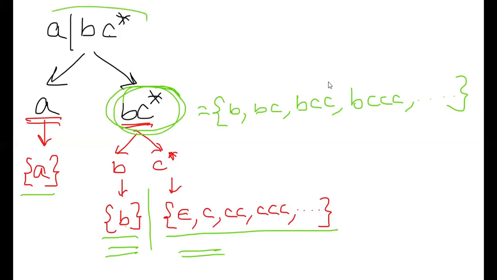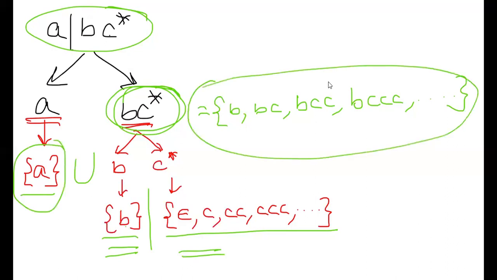Now for the topmost level one, A or BC star. The choice, if you remember, is nothing but the union. The union of the set for A and the set for the next regular expression, which is BC star. So what we get is A, then B, then BC, then BCC, and it continues in this manner.